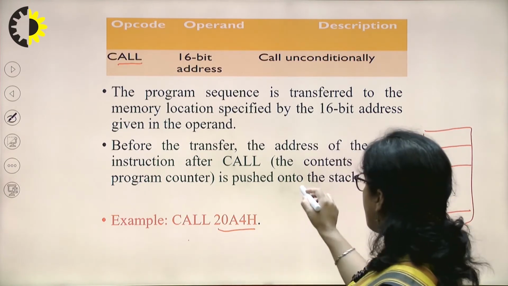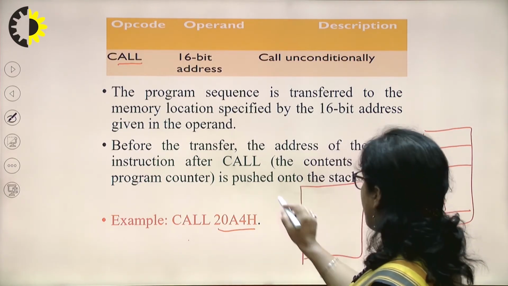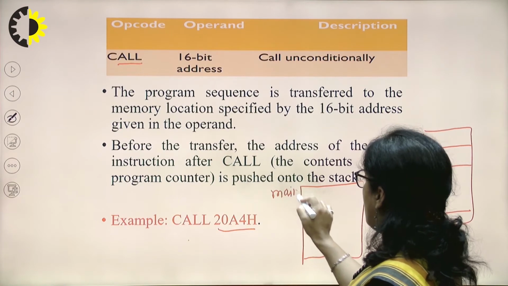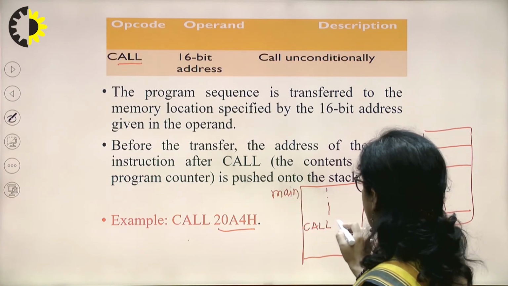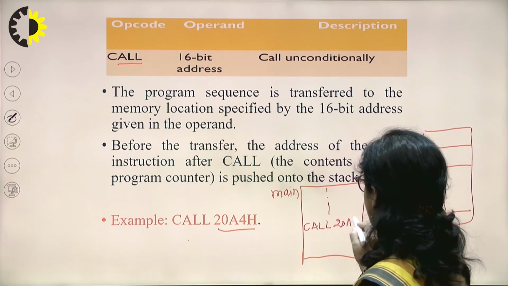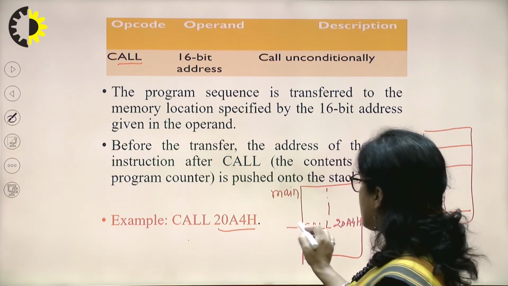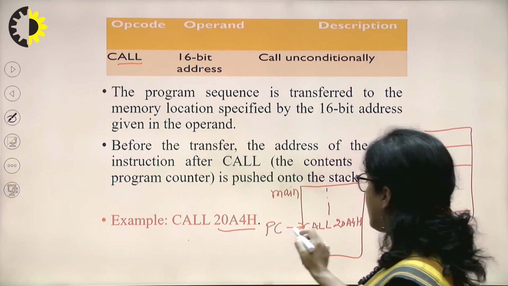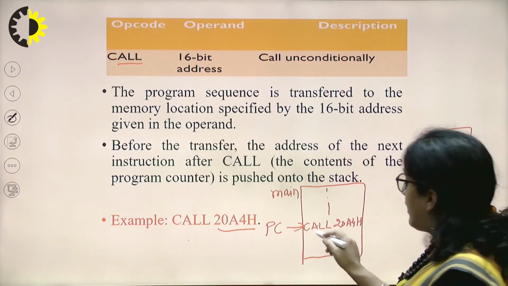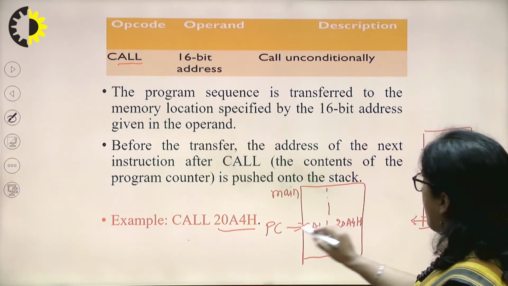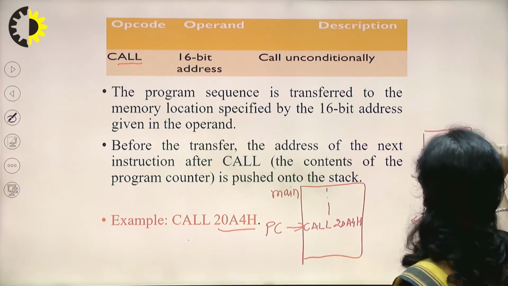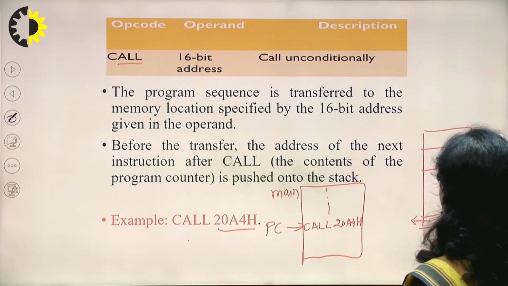For example, in our main program, we have written some instructions, and at some location we have called CALL 20A4. Till this point, the program counter is pointing to the main program. Whenever this instruction gets decoded and executed, PC will point to the 20A4 location.